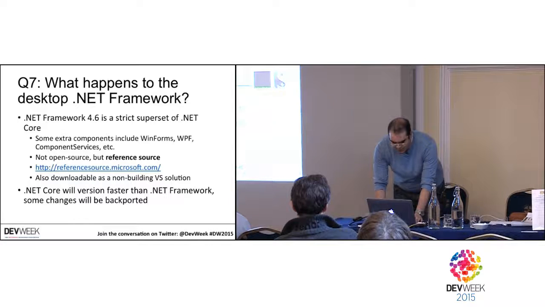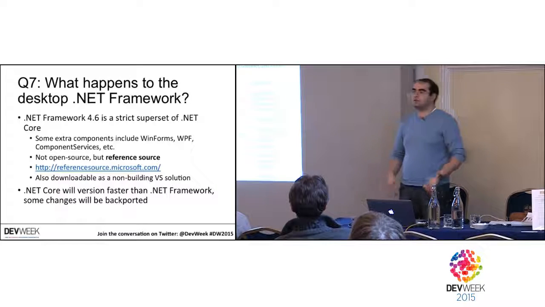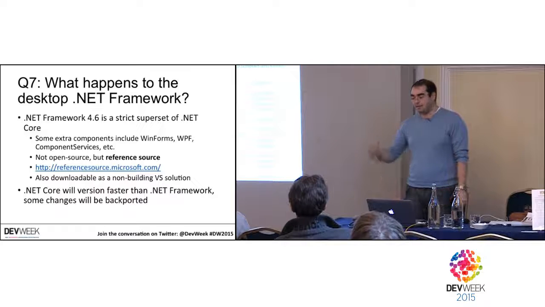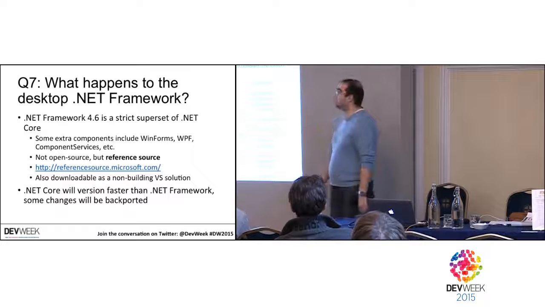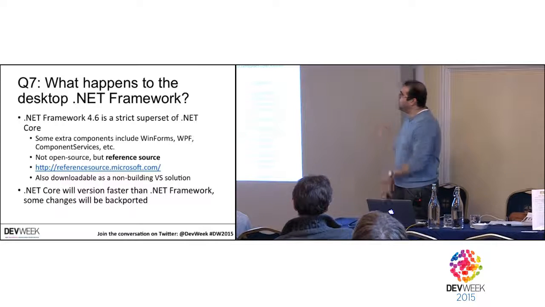So here's reference source. If you haven't seen the new reference source experience, you really should check it out. It's much nicer than a big zip file with a bunch of source files, which is what they used to have at some point. So it's a browsable thing with hyperlinks, by the way, powered by the Roslyn platform.